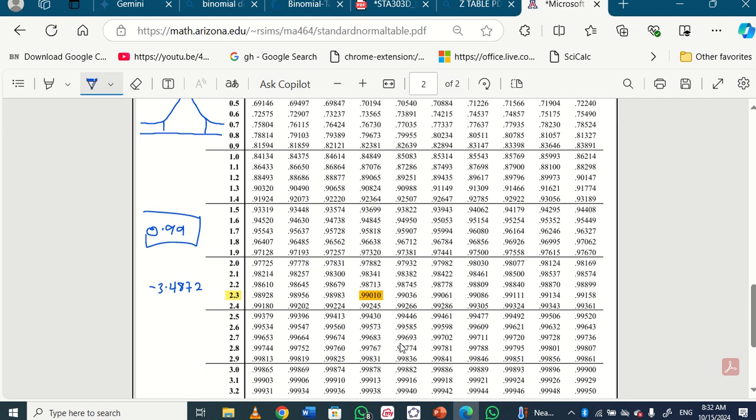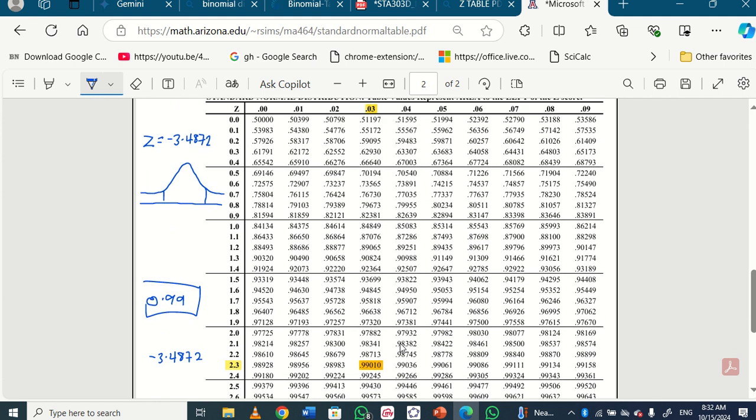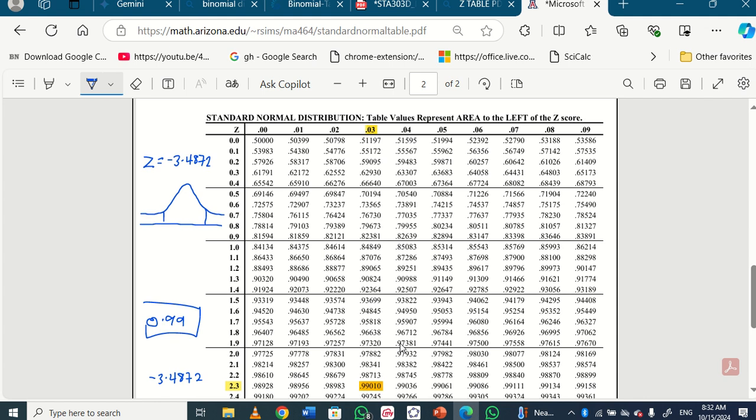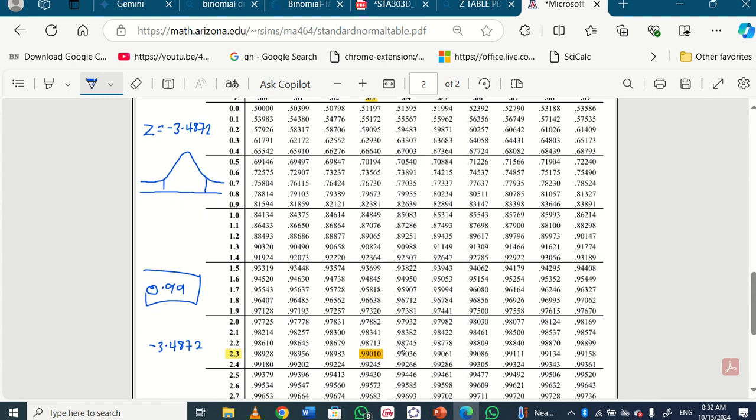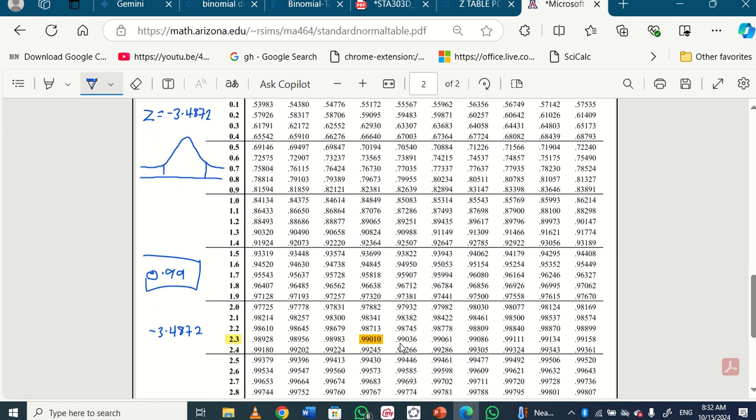So if you look at the normal distribution table, you realize that they have written here Z. So it means that the value on the horizontal and the value on the vertical, when you put them together, will form the z value. I can see that where I am getting 0.99010 is 2.3.